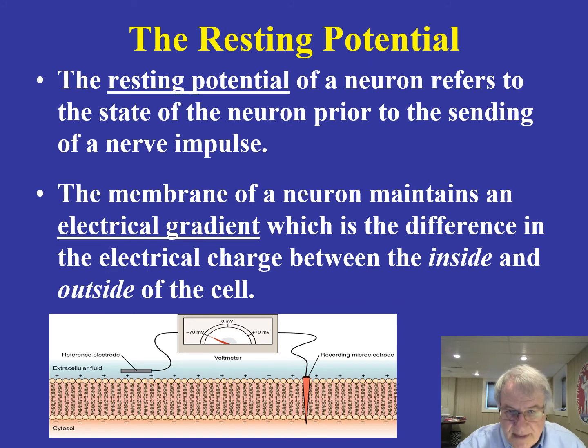So our resting potential: the membrane of a neuron has what we call an electrical gradient. And again, here's our membrane that you see here. It's the difference in the electrical charge between the inside and the outside of the cell. You can see the inside of the cell is slightly negative, and the outside of the cell is positive. In terms of our resting state, prior to the time in which it fires, that resting potential is slightly negative.